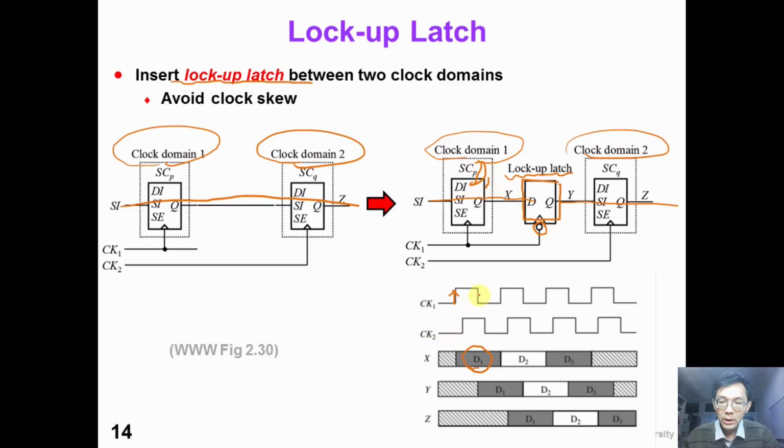At the falling edge of clock 1, the lockup latch would be triggered, so the data would be transferred to the lockup latch. And then at the rising edge of clock 2, the data will be then transferred to clock domain 2.